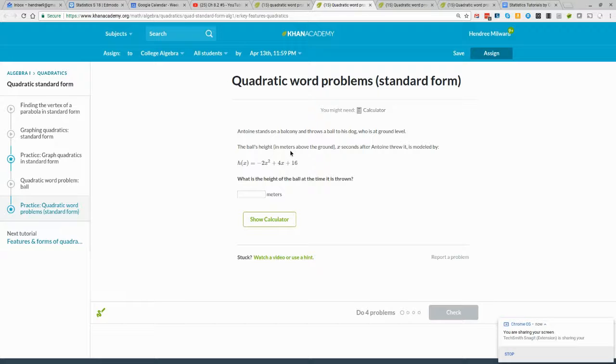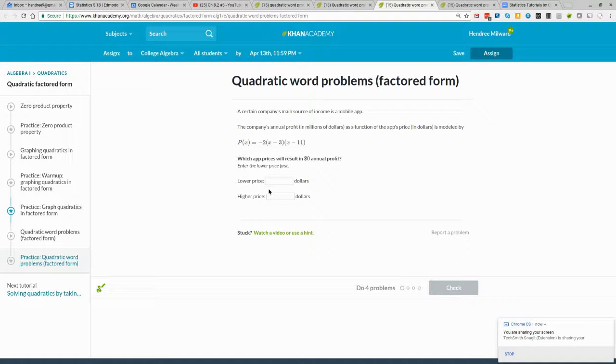You should be able to go to any of those, but it's nice to know what's easy to find for each form. In standard form, it's really easy to find the y-intercept. It's always just the number on the end. In factored form, it's really easy to find the zeros, the x-intercepts. So this question should be pretty easy.